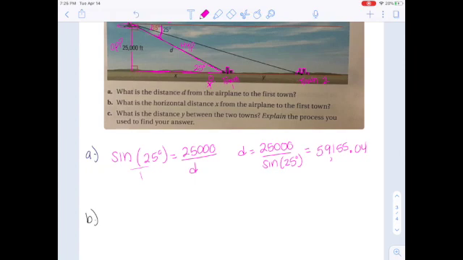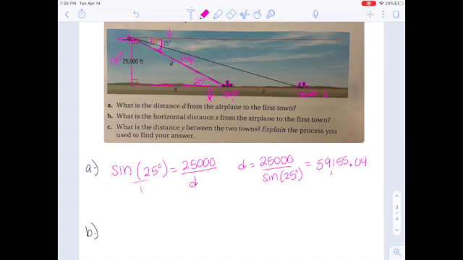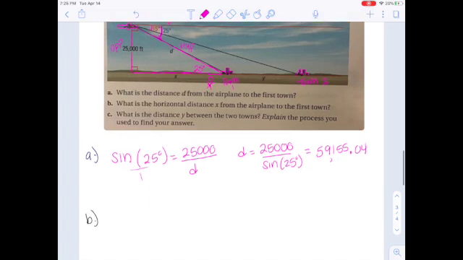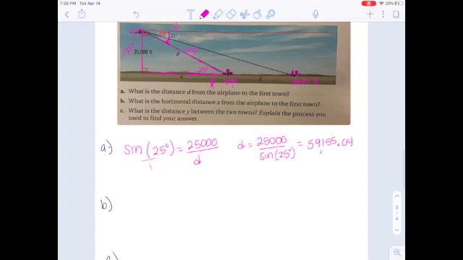And part B, what is the horizontal distance, x, from the airplane to the first town? So now in that same pink triangle, we're solving for x. And in this case, I don't really want to use the decimal that I just found in part A. I'm going to go back to that 25,000, so I'm a little bit more accurate. And x would be your adjacent side to that 25 degrees.